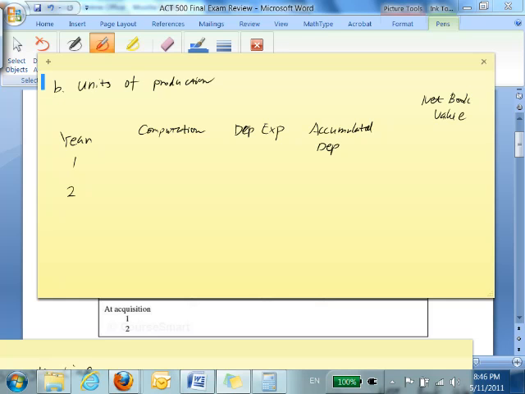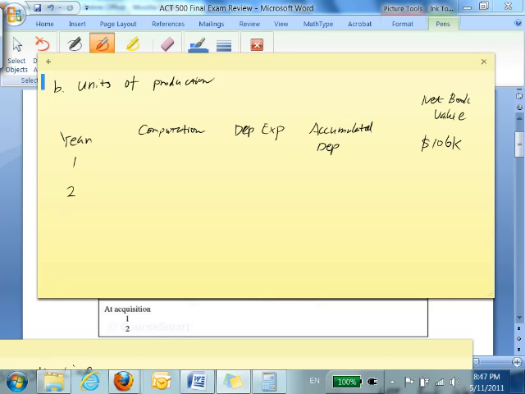As we know, the net book value before year 1 is the original net book value, 106,000, right? In year 1, how do we calculate the depreciation expense? Before we get started, we need to compute the per unit depreciation cost.